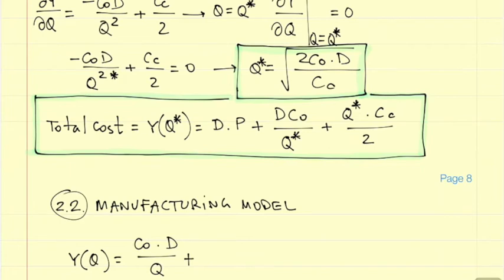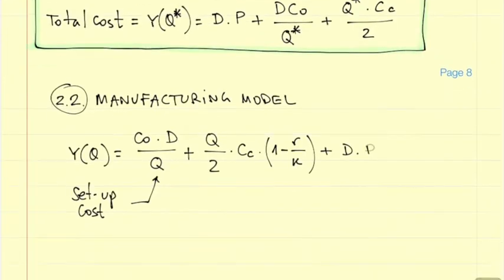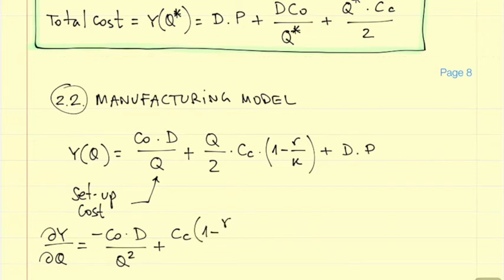So you have your Q divided by 2, the average demand, times CC multiplied by 1 minus R divided by K, plus dP. Okay. If you perform again the partial derivation, this is CO times T divided by Q square plus CC times (1 minus R divided by K) divided by 2.